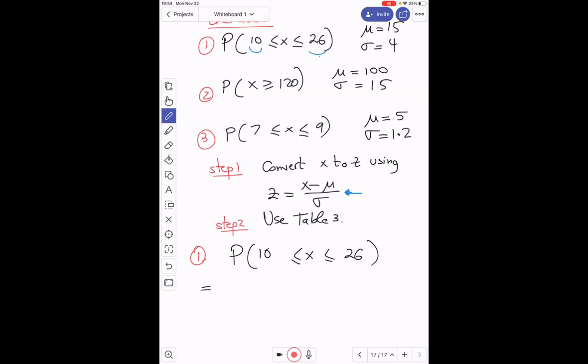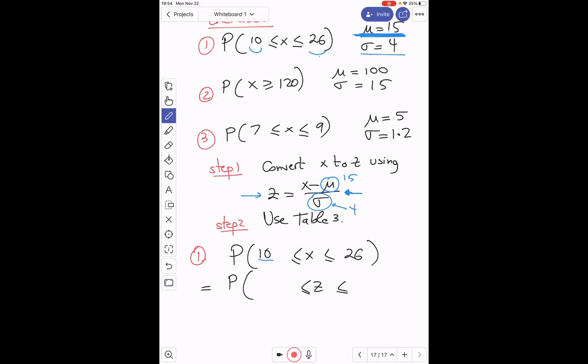Now I'm gonna convert this to z. The way to do it is, as I said, we need to use this formula right here. And as you can see, in the first problem, the mean, mu, is 15, and the sigma, the standard deviation, is 4.